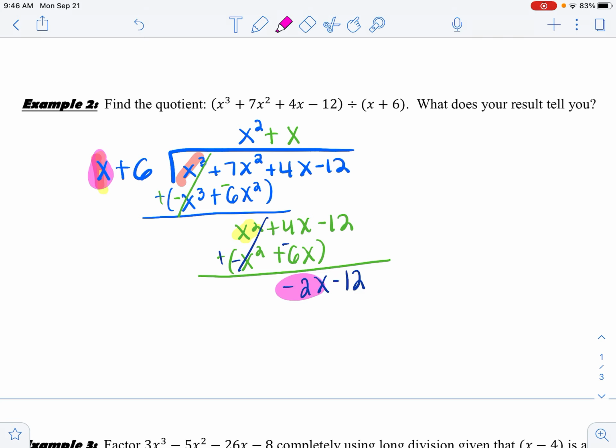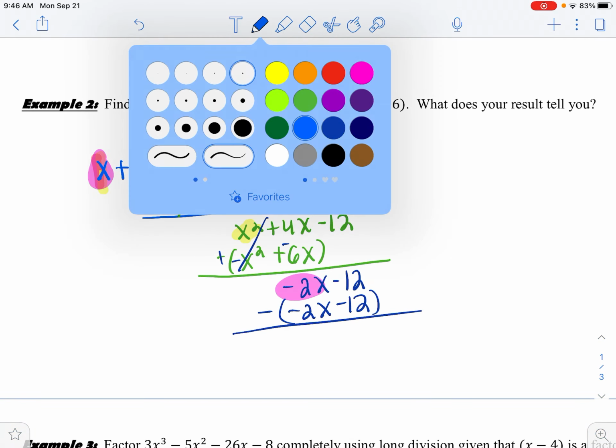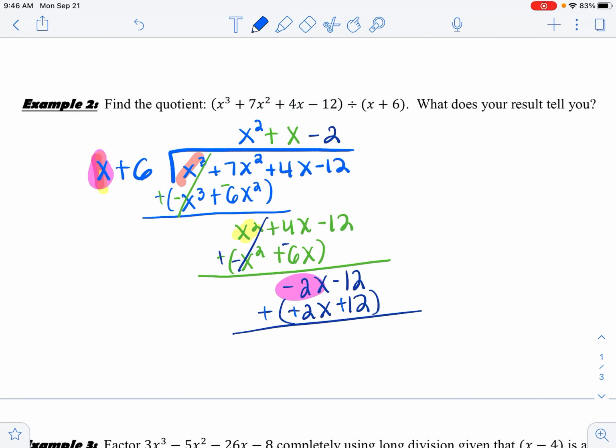What do I multiply x by to get it to be a negative 2x? Negative 2. Distribute. Negative 2x minus 12. Subtract. Distribute your negative. No remainder. Okay, so my answer is x squared plus x minus 2.